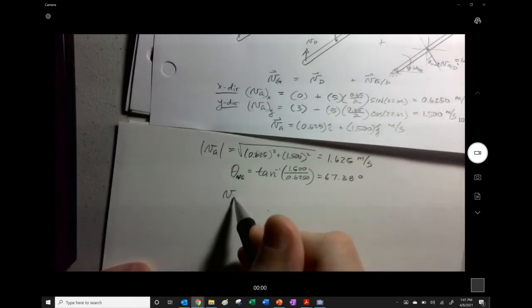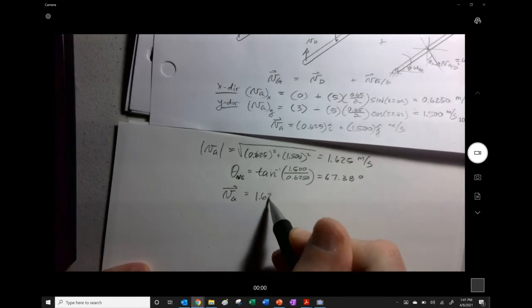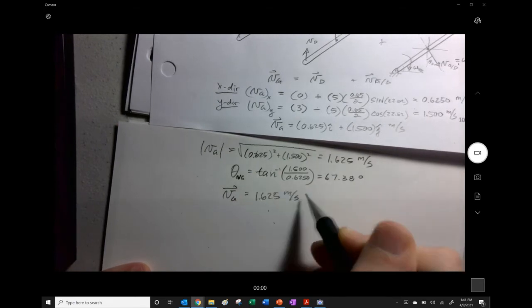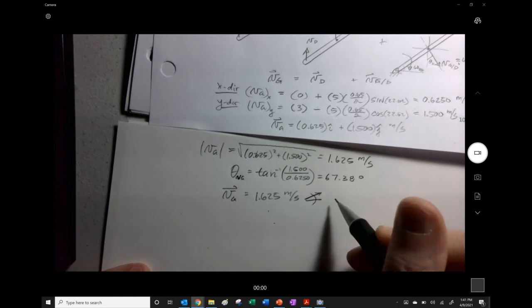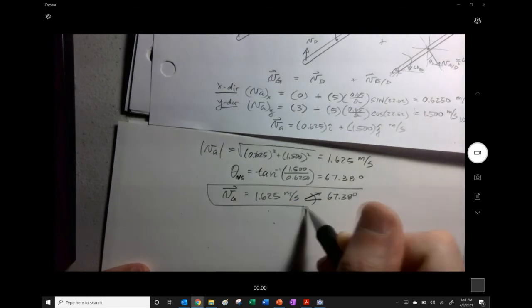So we could write the thing out as 1.625 meters per second, and it's coming upwards at 67.38 degrees. So we get a complete answer.